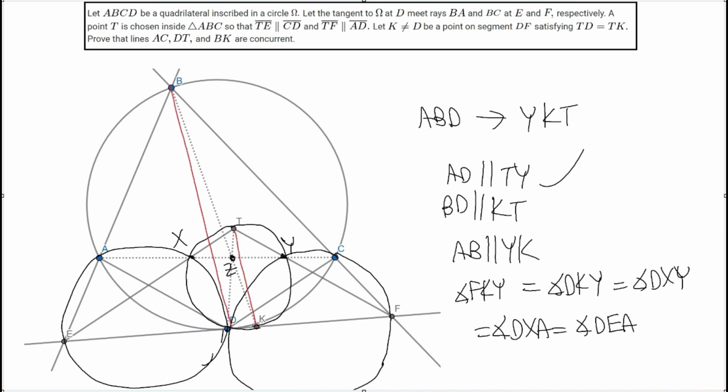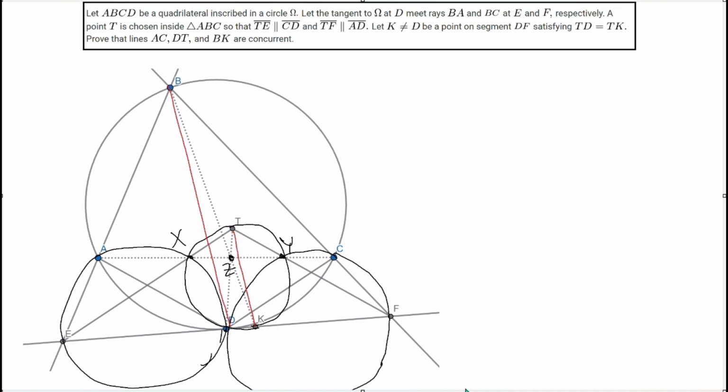And this here, we can just extend all the way to F, and that's FEB. So FKY is FEB, and therefore AB and KY are parallel. So all of these guys are parallel, and therefore there's a homothety sending one to the other. And that homothety center is the intersection of BK and DT.